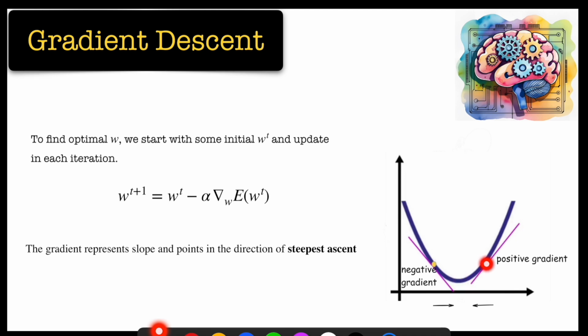So if you are at this point with positive gradient, we have to move in this direction to reach the minimum point. If you are at this point, then to reach the minimum, we have to go in this direction, right? So if the gradient is positive, we move in the negative direction. If the gradient is negative, we move in the positive direction. That's why we deduct some multiple of this gradient from W at each iteration.